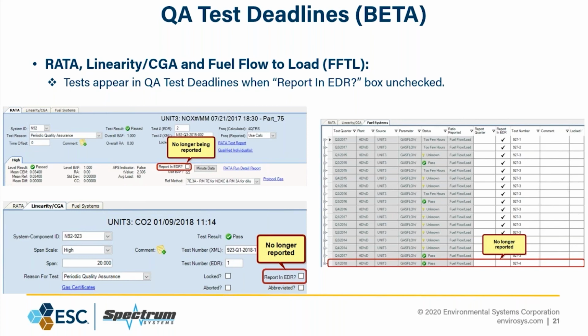This does not affect the functionality of these tests being reported in your EDR. They will still function as usual. So if you check the box report in EDR, it will still report in the actual XML EDR generator.